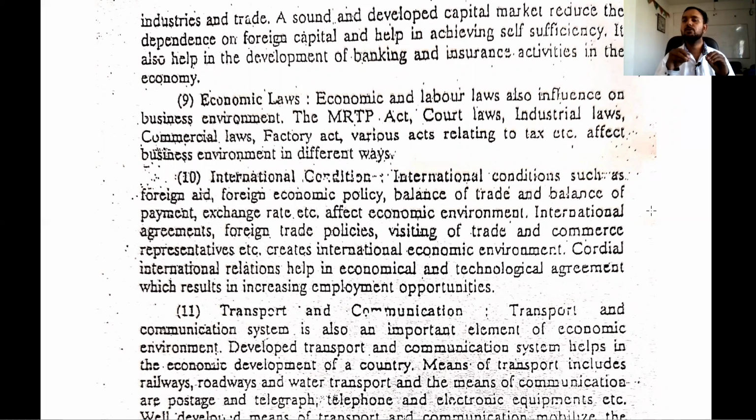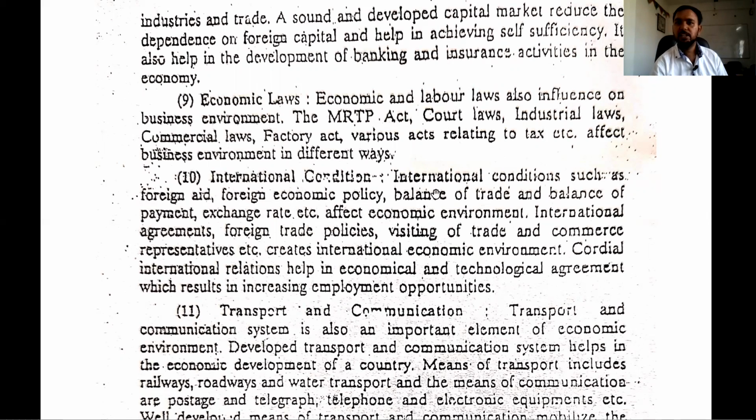So all these laws affect the company in a certain way, and the company cannot control those acts. The company needs to cope with them, needs to be adjusted to them. Now the next point is international conditions. If a company is doing business abroad, if it has some business in other countries rather than one country, it also needs to rely on the international conditions.